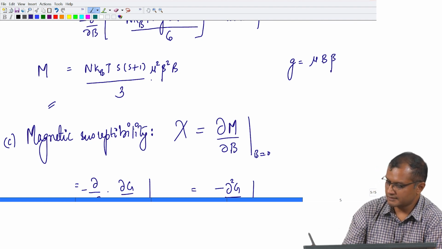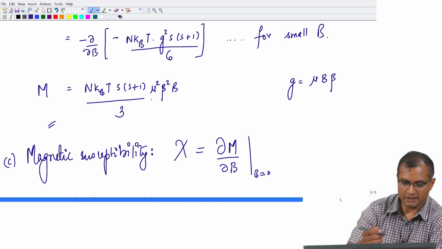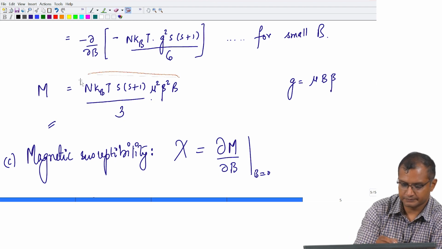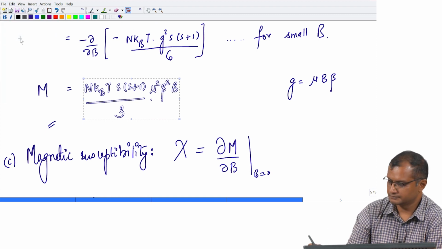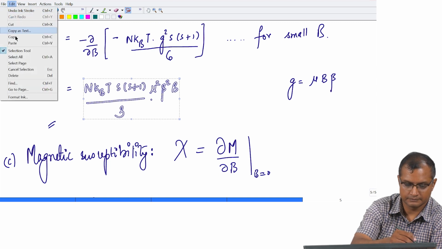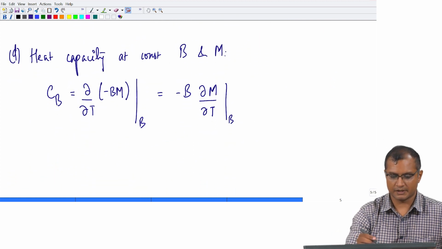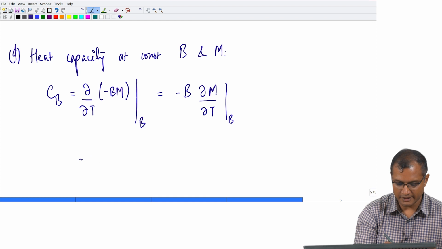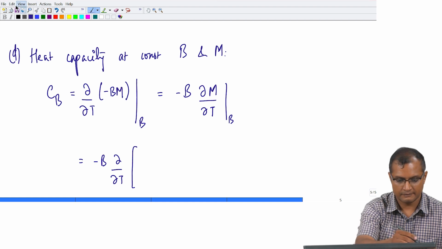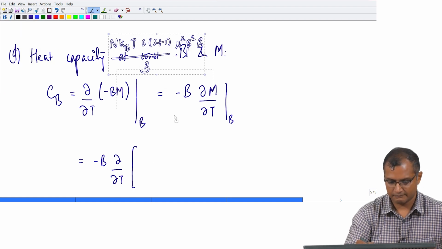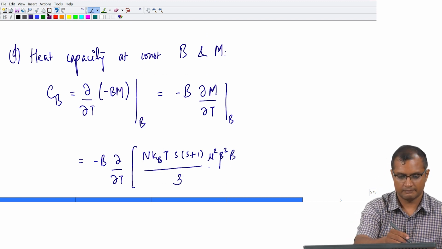So, if you look at this temperature derivative, if you take the temperature derivative here, I am going to just write minus B d over dT of this whole quantity.